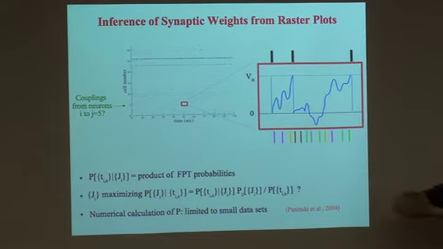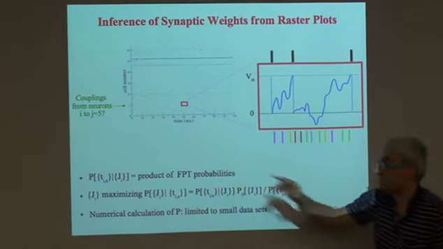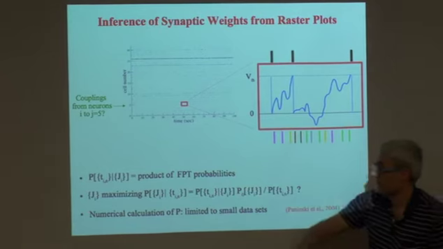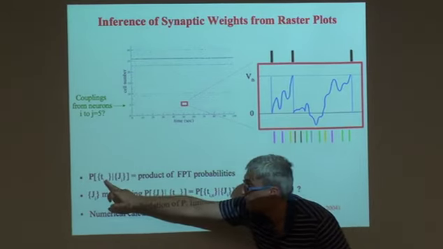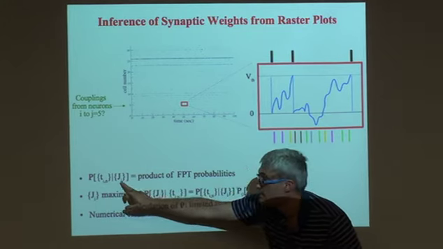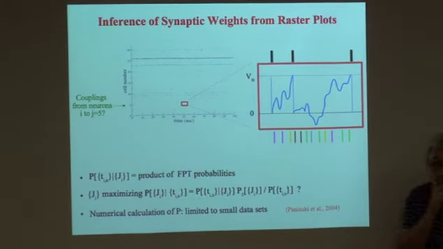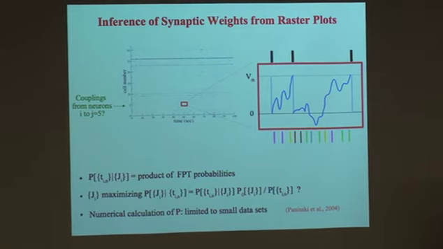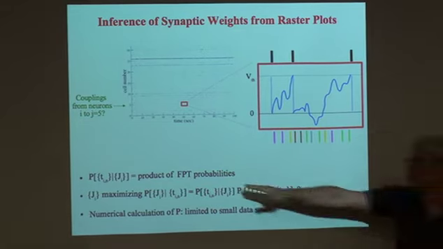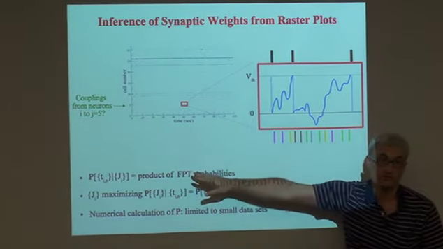So if we were able to compute these first passage time probabilities, we would put in the real data, the measurements, and maximize this probability over the interactions. The problem is that it's very difficult to compute these first passage time probabilities.